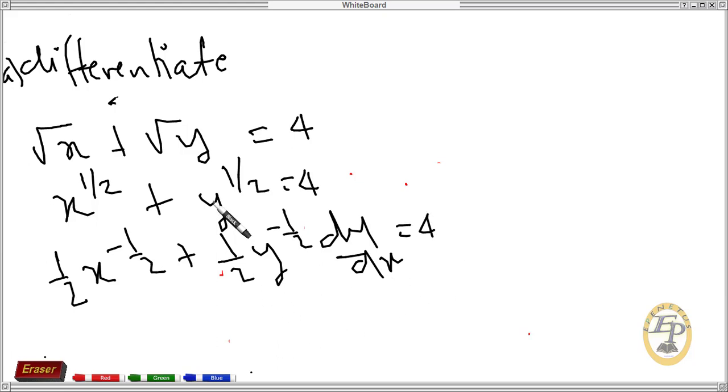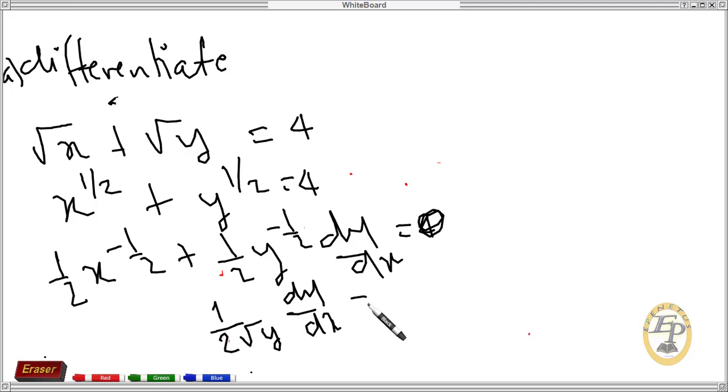Okay, the derivative of the constant is 0, so therefore this one is going to be 0. So this is going to be 1 over 2 the square root of y, dy/dx, which is going to be equal to negative 1 over 2 the square root of x.